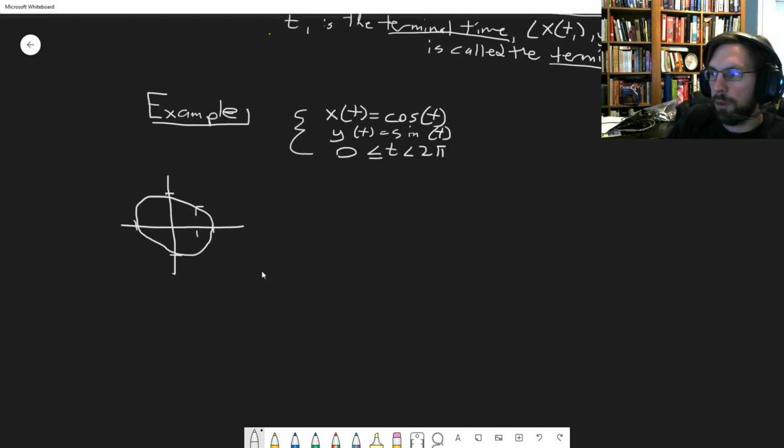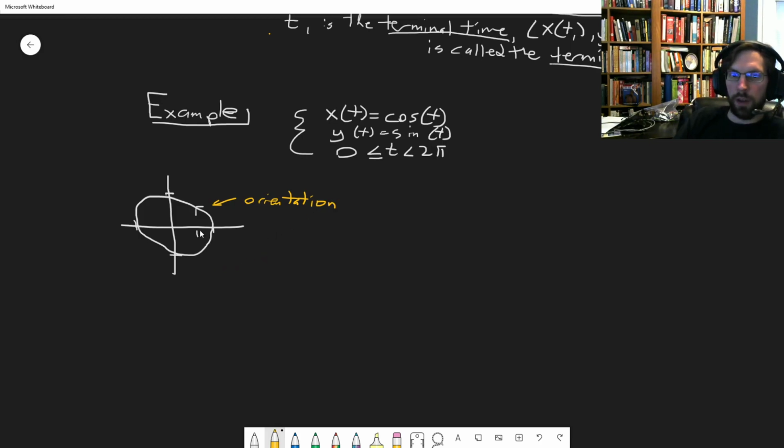Okay, so a few things when drawing parametric curves. Note we have to have an orientation. Okay, so why did I include this little arrow here on my graph? I include this little arrow on the graph so that I know that the curve is moving around counterclockwise.